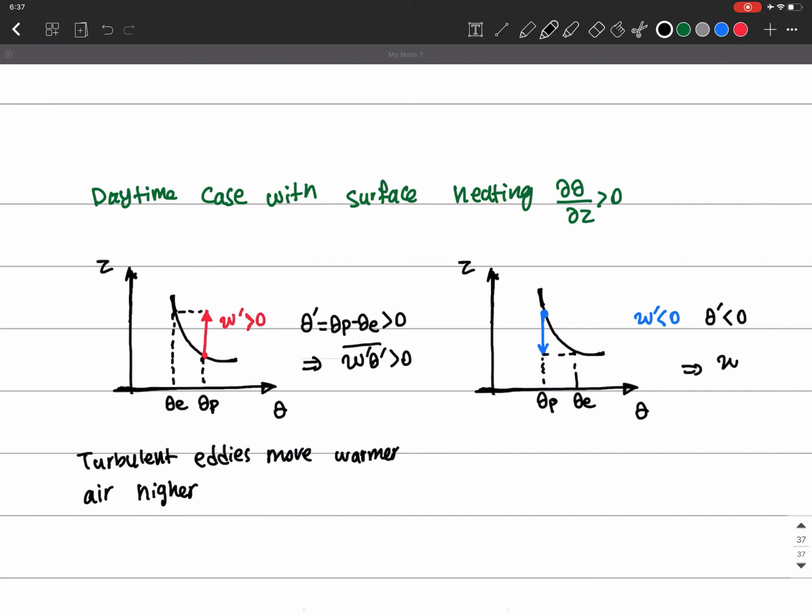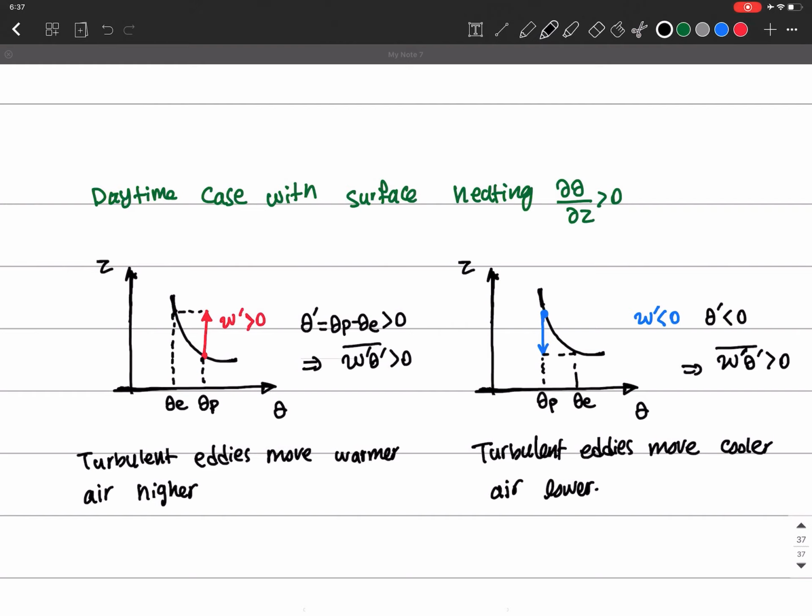So again, W prime theta prime bar in this environment is going to be positive. So this means that turbulent eddies move cooler air lower.